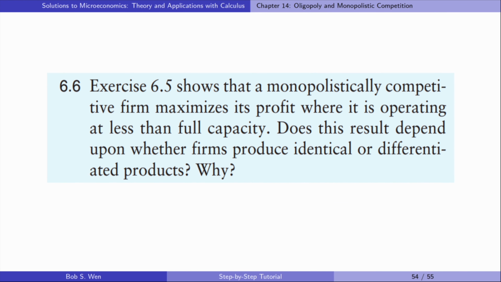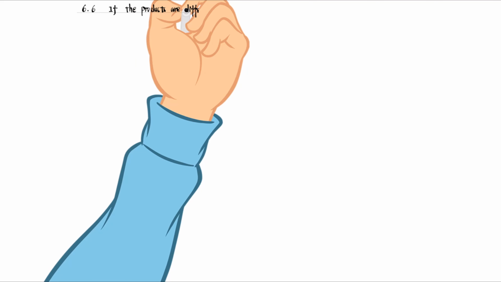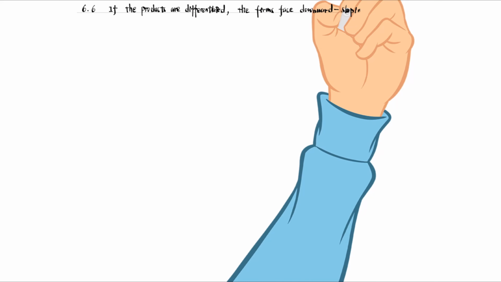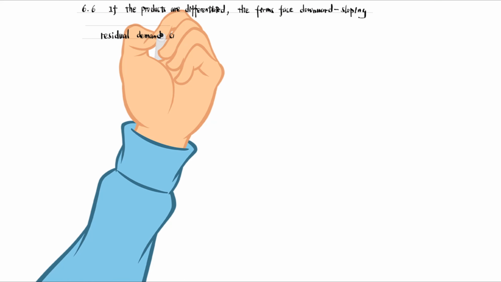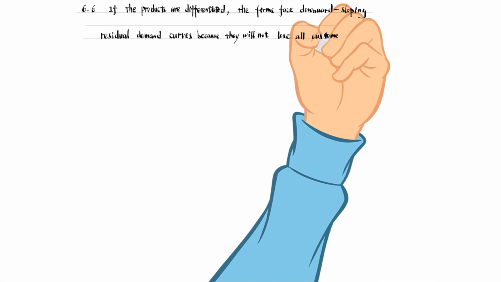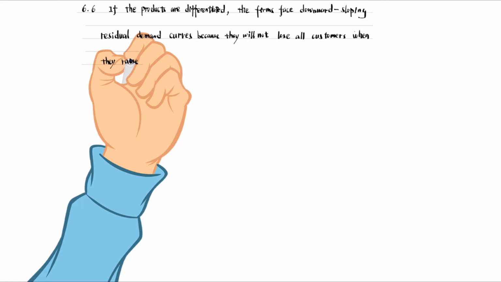Next is exercise 6.8. Exercise 6.5 shows that a monopolistically competitive firm maximizes its profit where it is operating at less than full capacity. Does this result depend upon whether firms produce identical or differentiated products? Why? If the products are differentiated, the firms face downward sloping residual demand curves because they will not lose all customers when they raise the price.